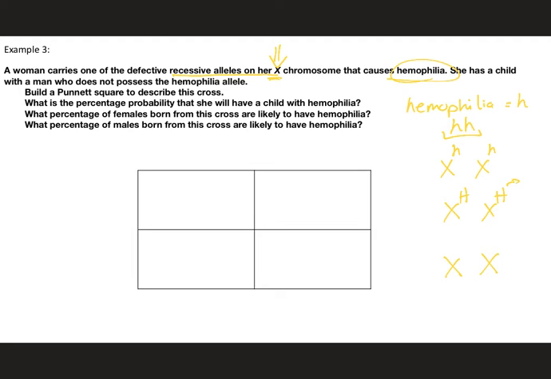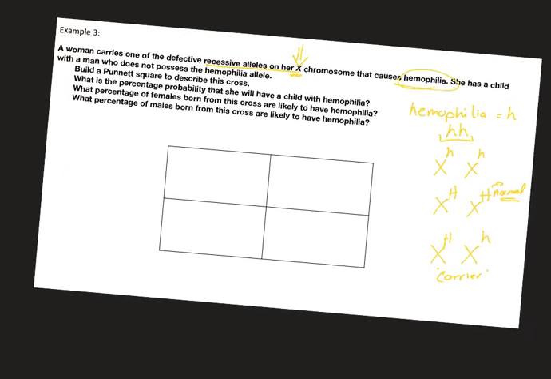Remember, capital for this case is going to be normal because this is a recessive allele, which means capital H is normal. The last one I could have is a carrier. Because I have two X chromosomes, I'm going to carry this, but I'm not going to have hemophilia. I'm going to be a carrier, or heterozygous. Those are all of the options that I have with this disorder as a female.